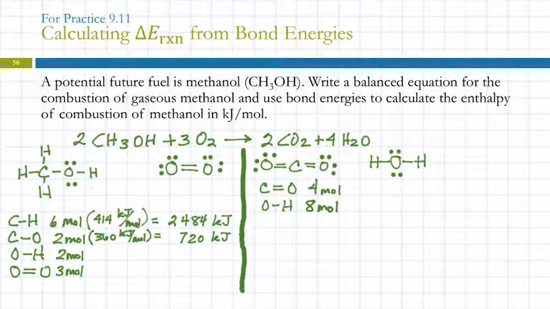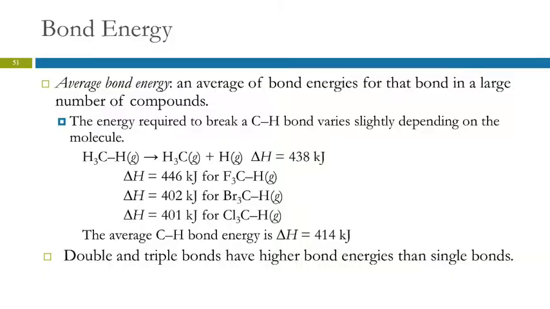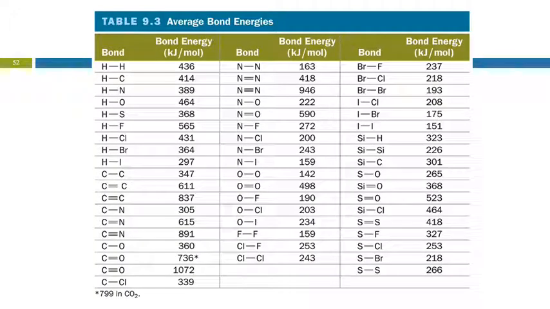The OH single bond is 464 kilojoules per mole. 928. And, oh, that's what I was missing. I forgot the oxygen-oxygen double bond. So let's go back. Oxygen-oxygen double bond, 498.